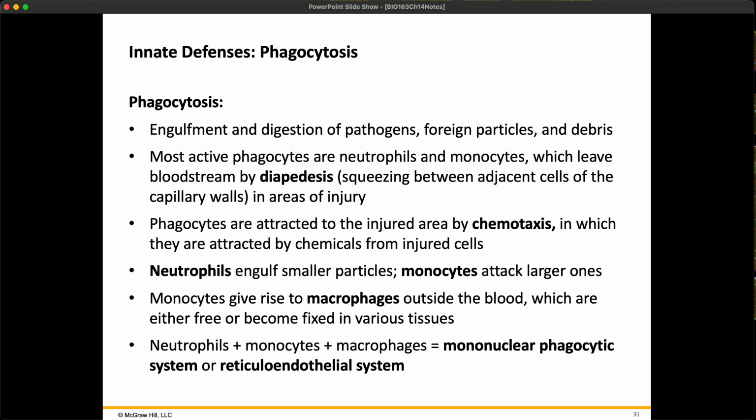And macrophages function great. Neutrophils plus monocytes plus macrophages equals your mononuclear phagocytic system, or your reticuloendothelial system, which is probably just a lovely little piece of knowledge that hopefully will come in handy.